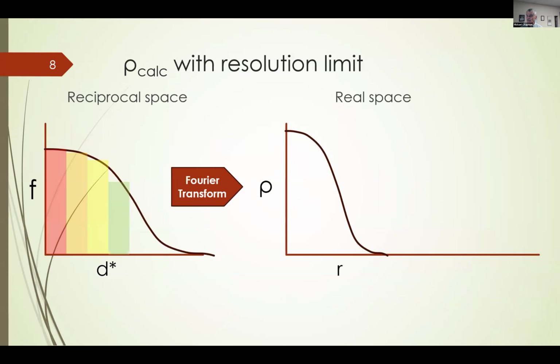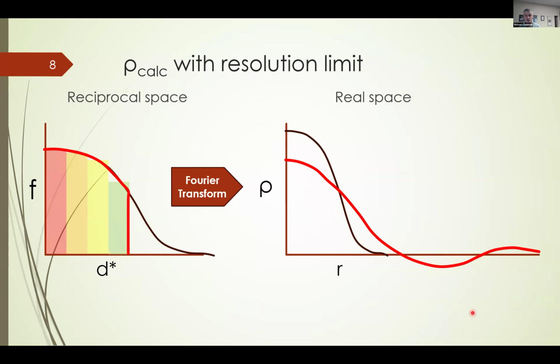Now let's think about what happens if the scattering is attenuated, and in its most extreme case by a sharp cutoff in resolution that we see here, that we've already seen this morning, that the effect in real space is that you then see a ripple effect extending away from the atom.